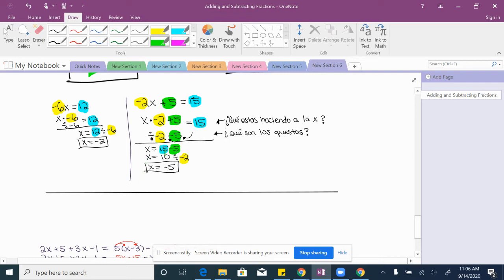We begin with the result and we backtrack. We do minus 5, which is 10, and then we divide by negative 2, which is negative 5.